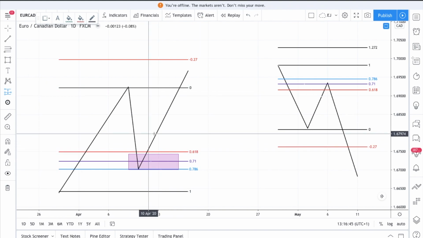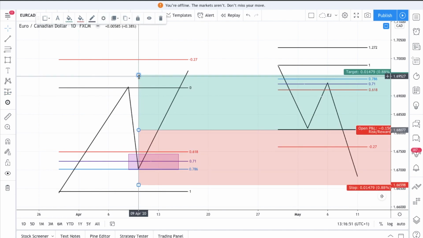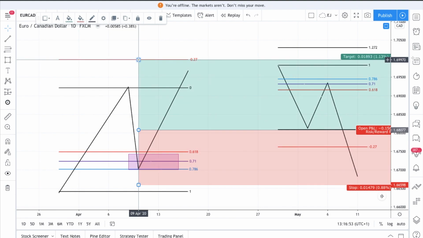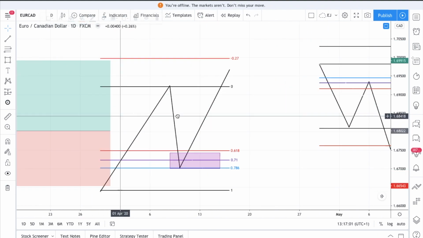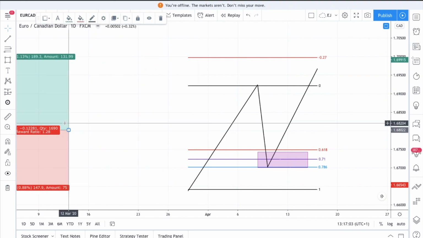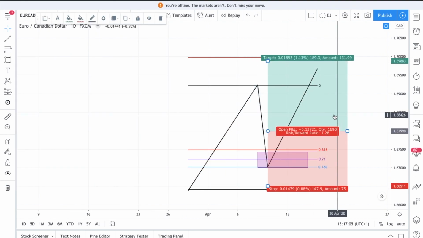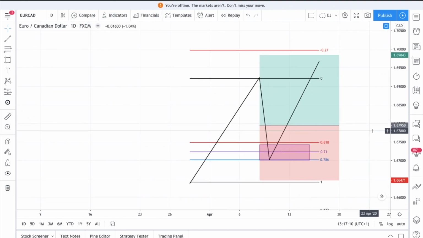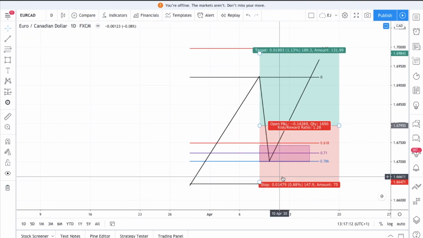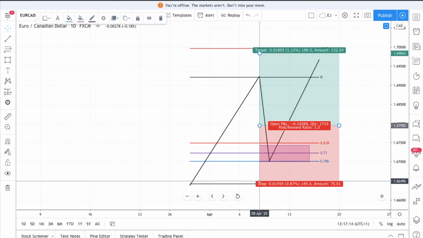Say for instance we enter on the 50%, which is around here, and we're targeting the D1 extension of -0.27. If we're entering around the 50, realistically we need stops to go below the 78.6.